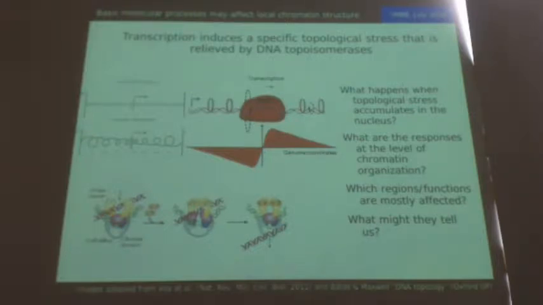So once you do this, and there is data, especially focusing on the ribosomal DNA locus, that shows exactly that the process of transcription generates topological stress, and you really need to have both topoisomerases to relieve this stress, otherwise the cells go into a state.